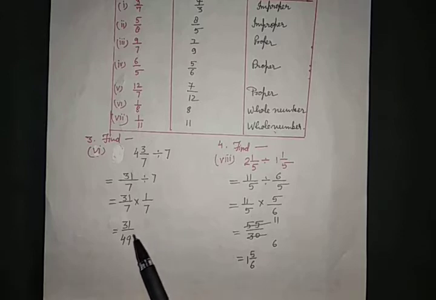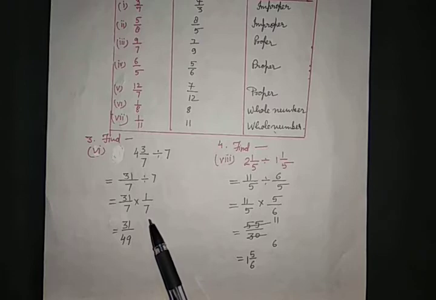You know why? Because it is not an improper fraction. It is a proper fraction. So, a proper fraction we never convert into a mixed fraction. Okay? So, our answer is 31 upon 49.